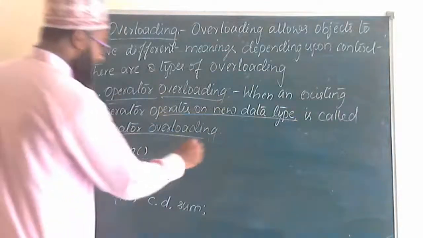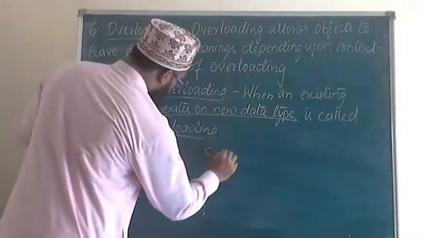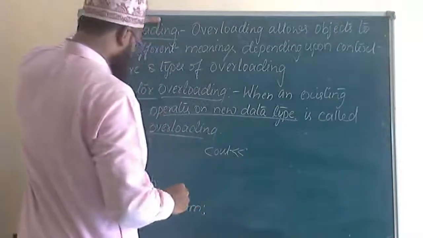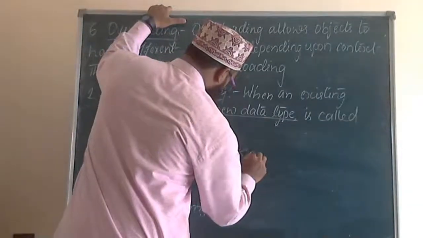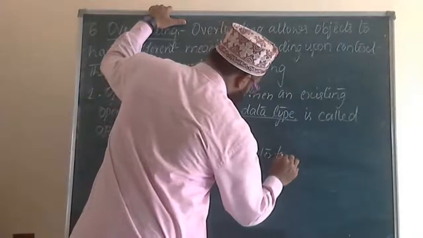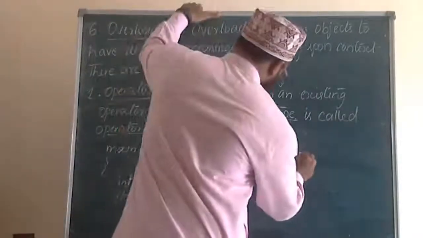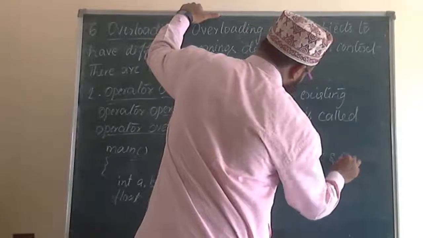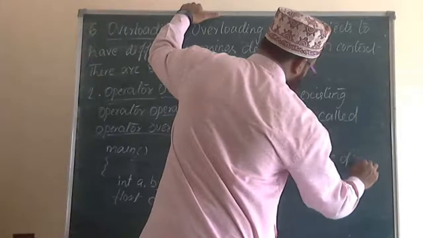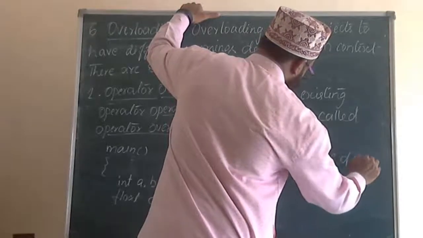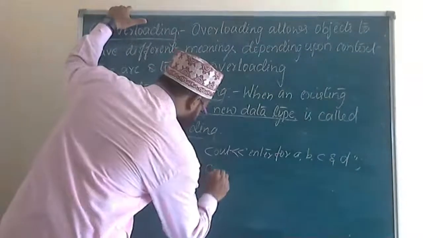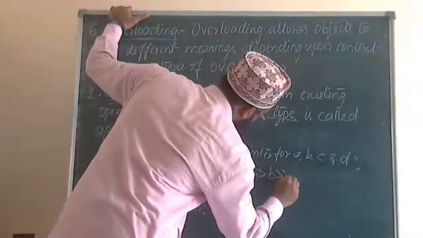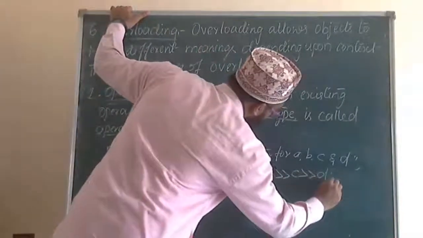After that, cout, enter a, b, c and d at the same time. Then cin, a, b, c, then d.